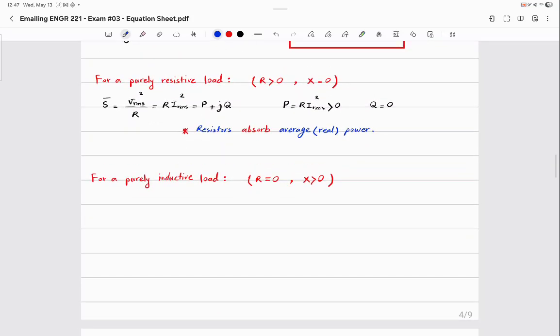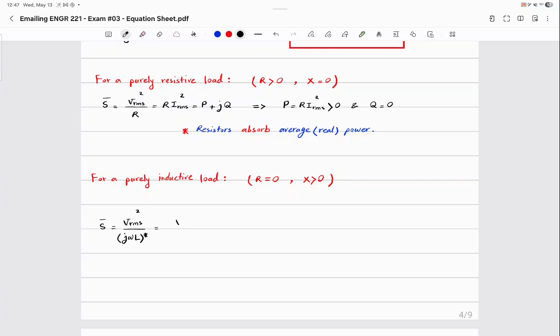Let's do it for an inductor. So S bar is equal to Vrms squared divided by, what is the impedance of an inductor? j omega L, right? Is that a correct equation to use or no? It should be conjugated, right?